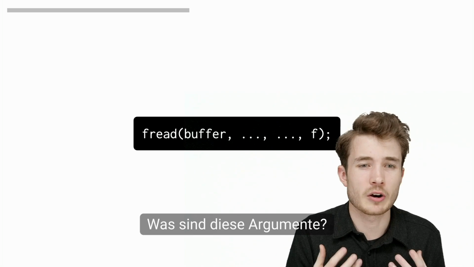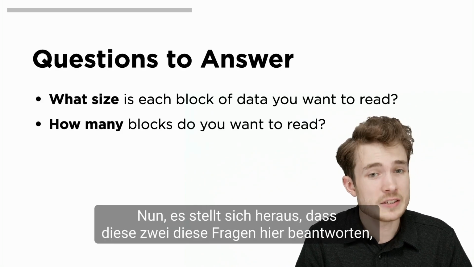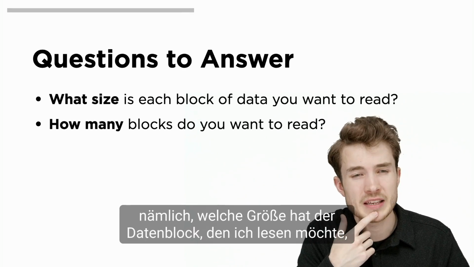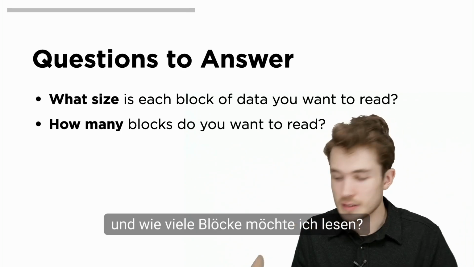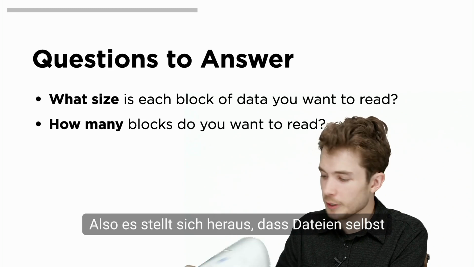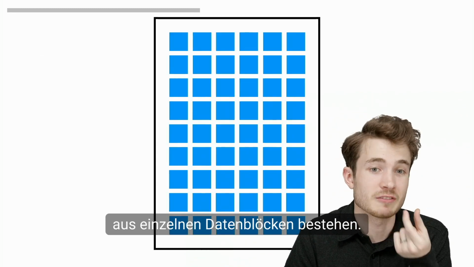Like, what are these arguments? Well, it turns out that these two are answering these questions here, which is what size is the block of data I want to read, and how many blocks do I want to read? So it turns out that files themselves are composed of individual blocks of data.